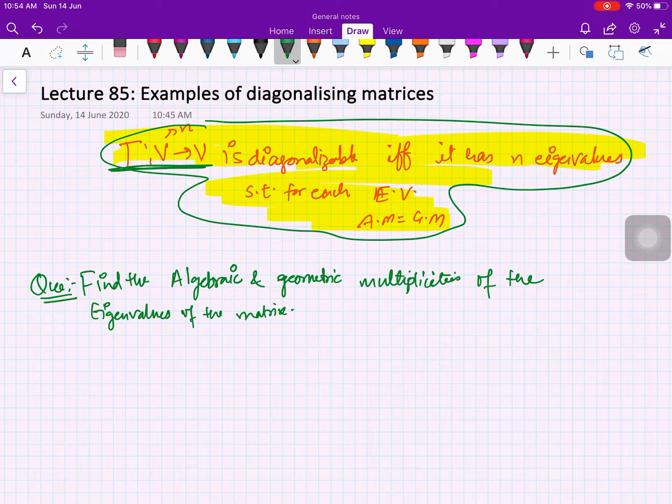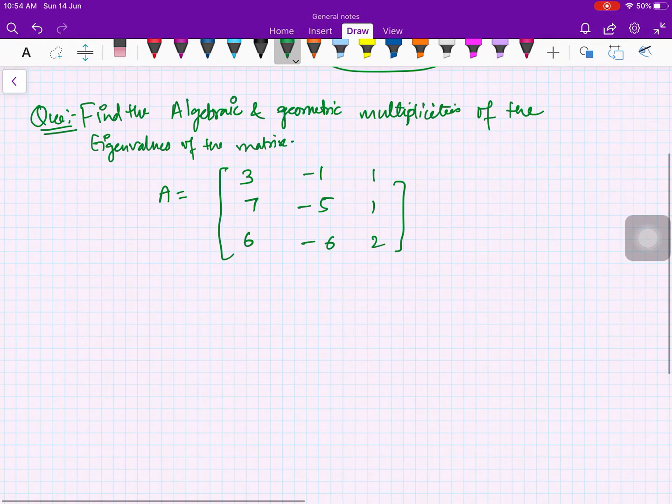You see, if a result is true for an operator, then it is equivalent to saying that it is for a matrix, because for an operator we convert it into a matrix first and then we check the conditions. Further, check if it is diagonalizable.